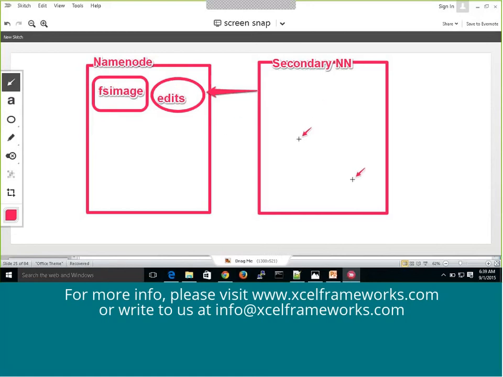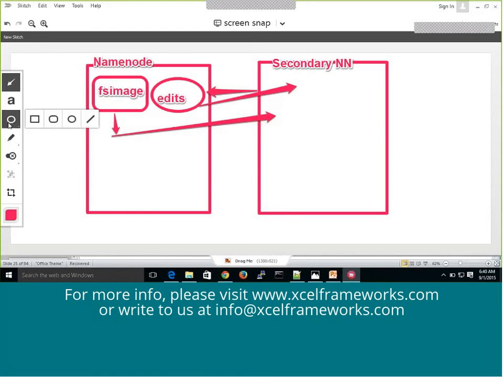Okay, because there's no backup here, right? So it will contact the name node and ask, give me the metadata. This metadata will be given to the secondary name node here.